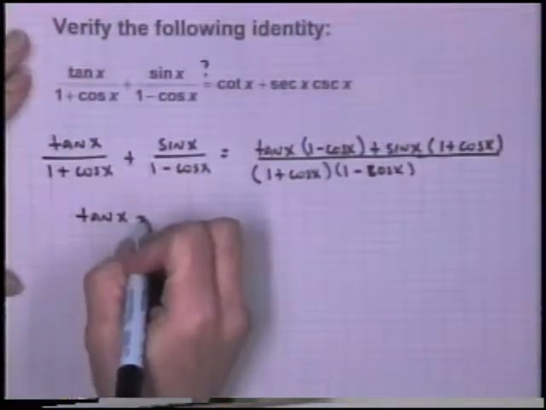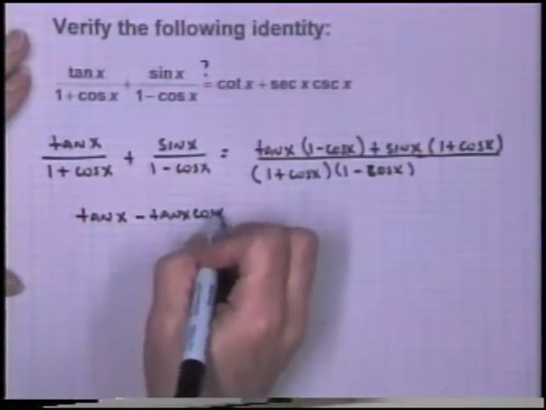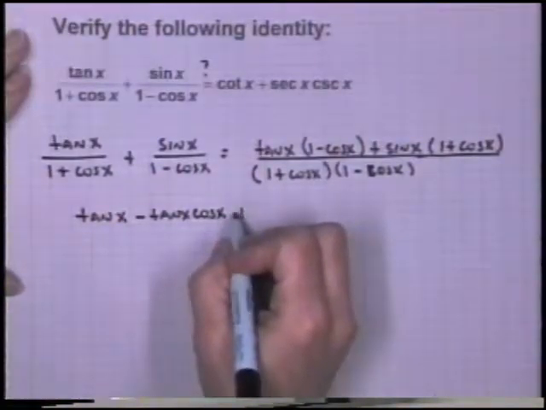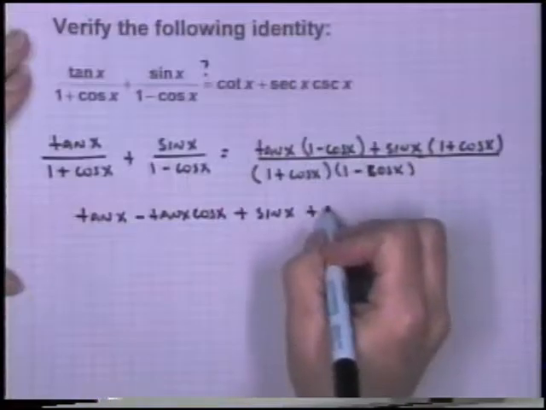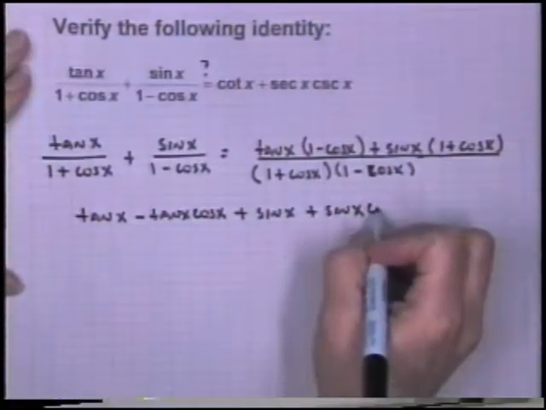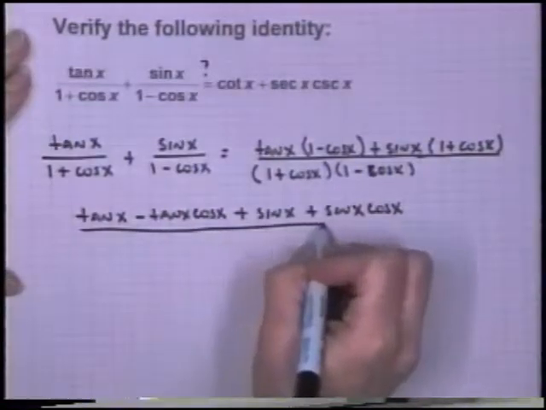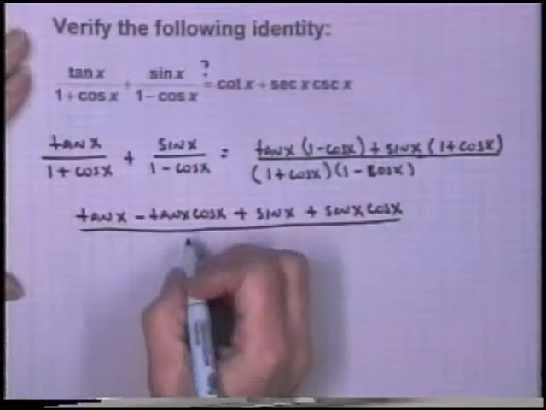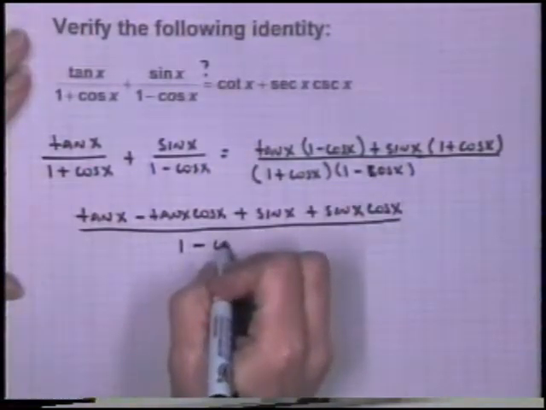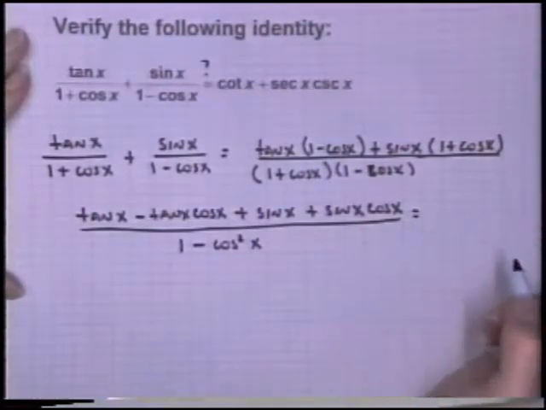Let's distribute. Now I have tangent x minus tangent x times cosine x, and then I have plus sine x plus sine x cosine x. And let's see, I'm going to go ahead and multiply this. That's 1 minus cosine squared x down here. Okay?